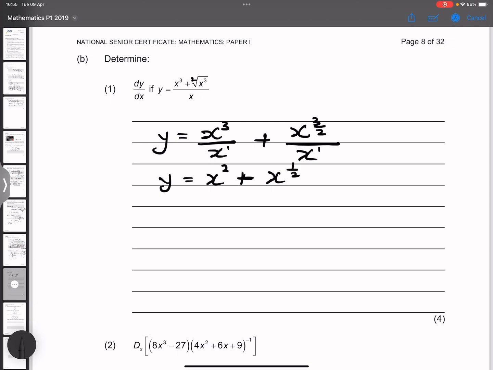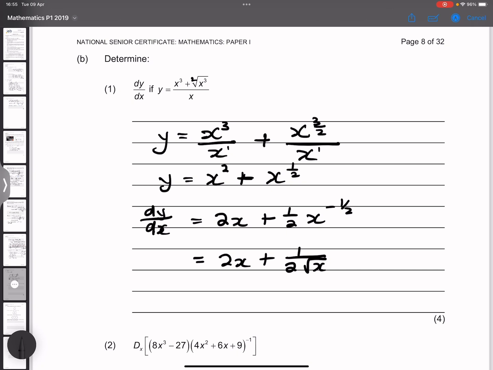Now we can get dy over dx. What does it give us? Jump down, so this is going to be 2x plus 1 over 2 x to the power minus 1 over 2. And so this will give us 2x plus 1 over 2 root of x.